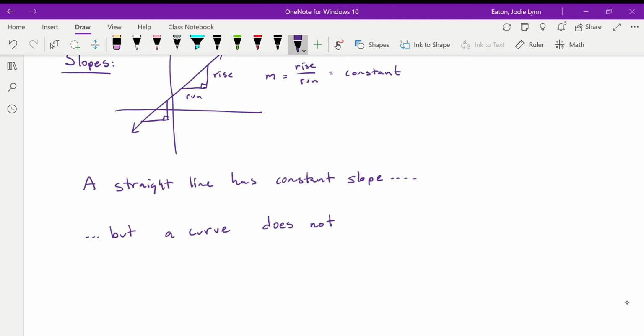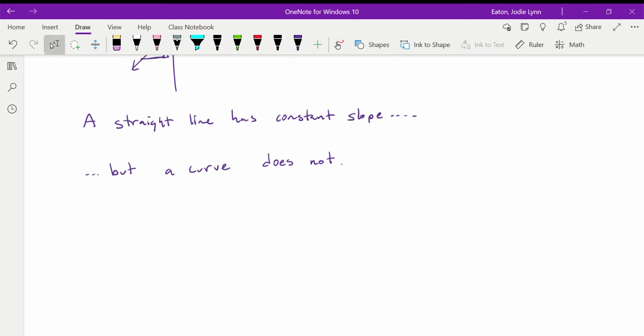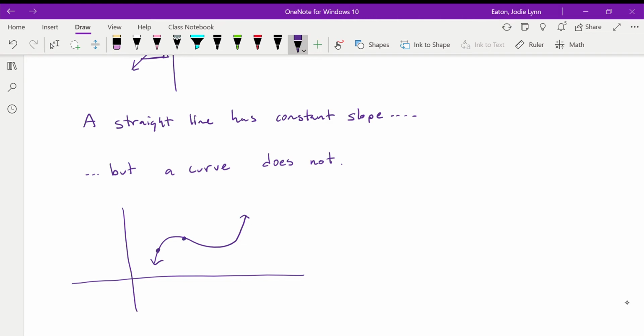Okay. So when we're looking at a curve that goes something like that, the way that we can think about the slope at a curve is we could think about the slope of some line that is sort of close to the points.